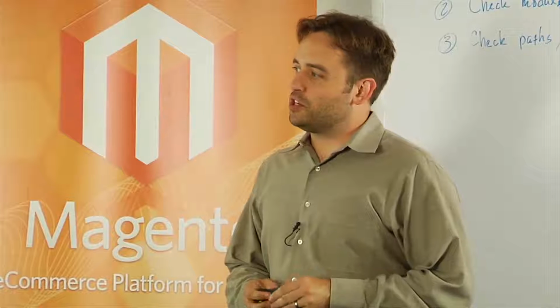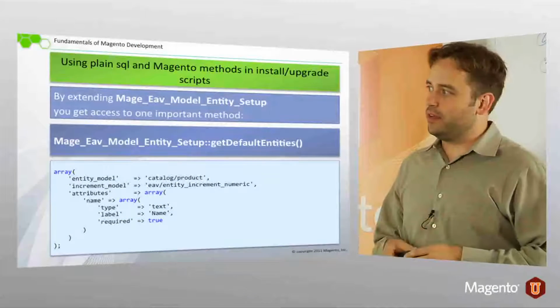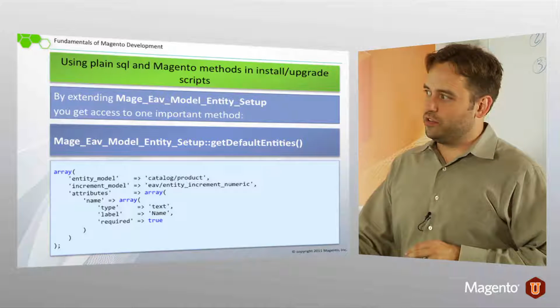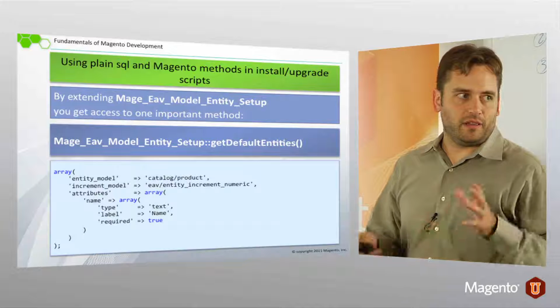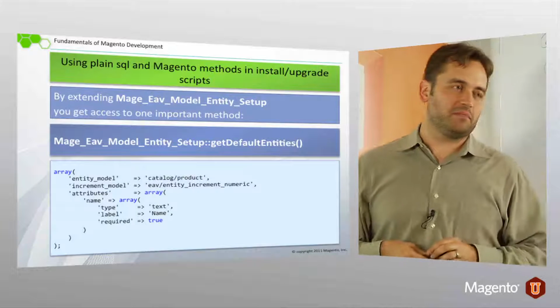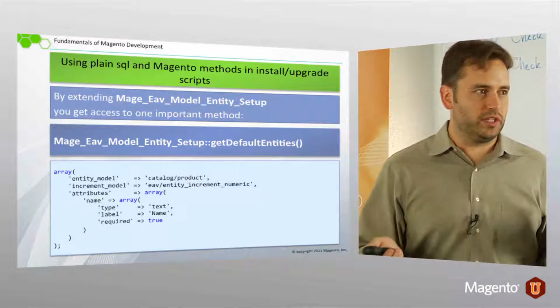Basically, for each attribute, you specify an array of arrays of options under this attributes index. It's a bit cumbersome. The good thing is there are plenty of examples of the core doing this.